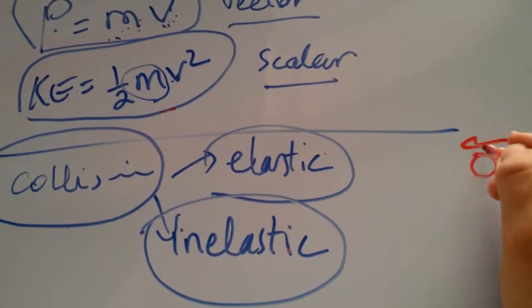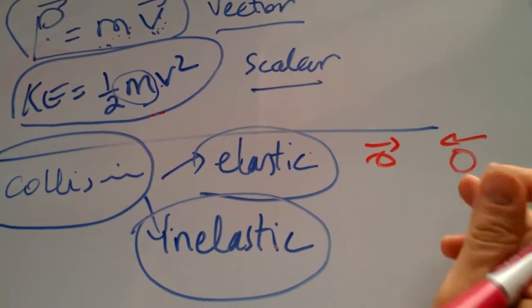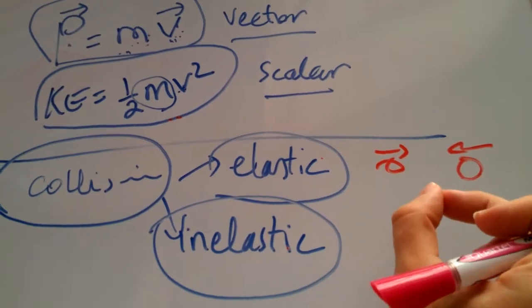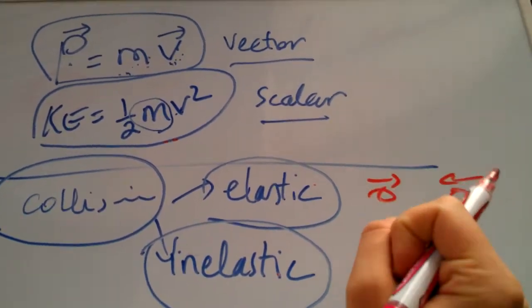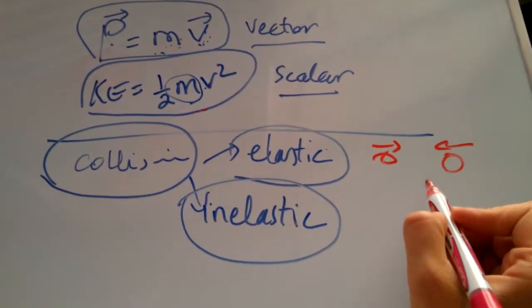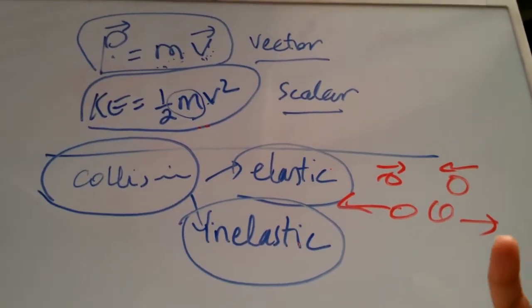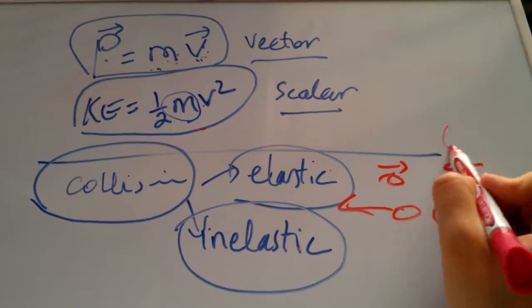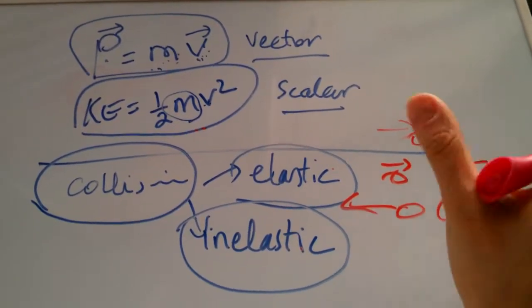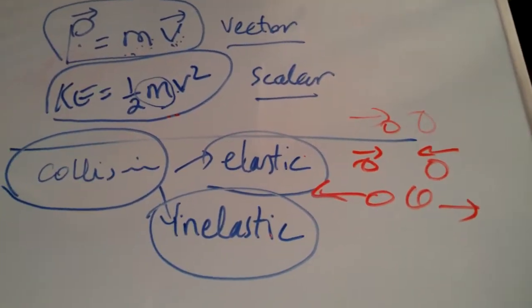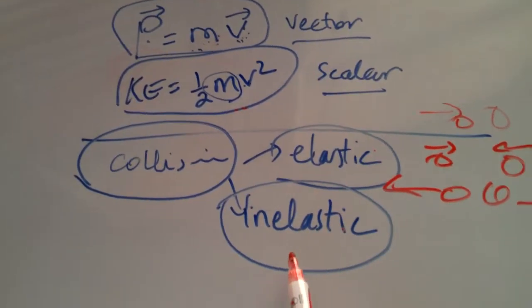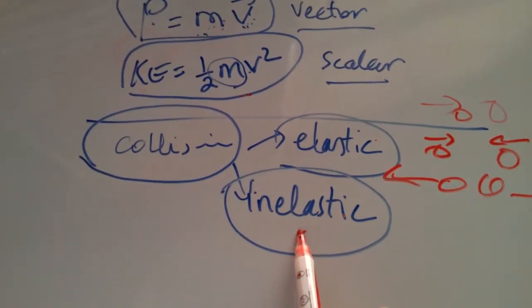Elastic collisions are collisions where objects mostly don't get together and don't clump together after they hit each other. They actually go away from each other. It's like billiard balls. When one billiard ball hits another billiard ball, they don't get together and go together, right? Inelastic collisions are actually the other way around.